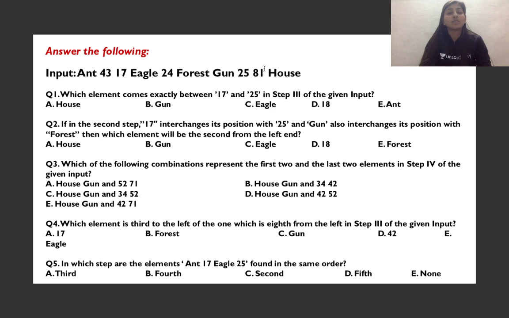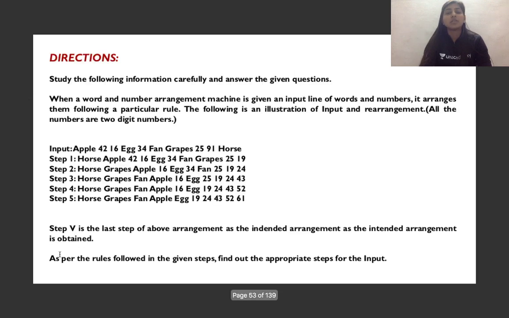You'll figure out all the steps and the final step for this input, and based on that you will be able to answer these 5 questions. So quickly figure out what operation has been applied.